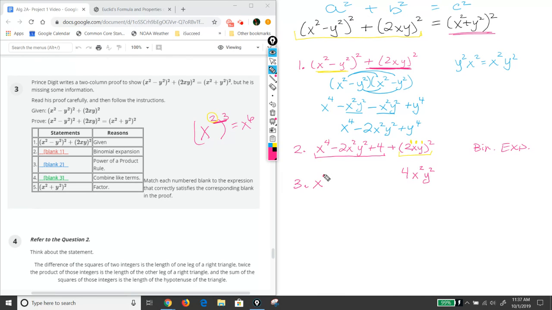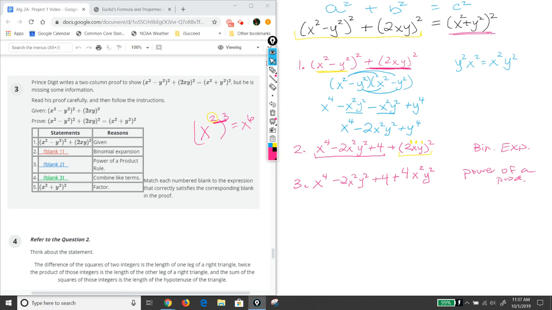So I still have an x to the fourth minus 2x squared y squared plus y to the fourth, adding with that 4x squared y squared. So that was power of a product. Okay, so again, we're just simplifying this left-hand side.